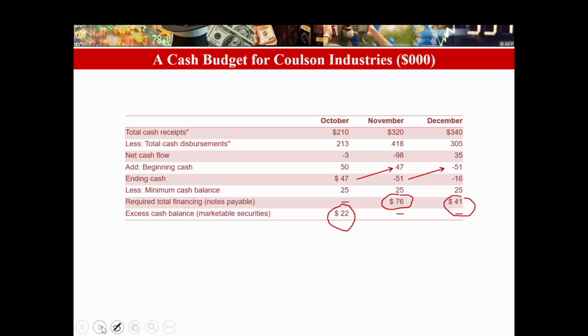It is possible that our cash receipts might be a lot less, or cash disbursements might be a lot more. So it is always prudent to engage in some type of scenario planning, where we could assume good, normal, and bad outcomes, so that we can be prepared for the worst case, rather than just sticking to these point estimates that we made in the planning process.